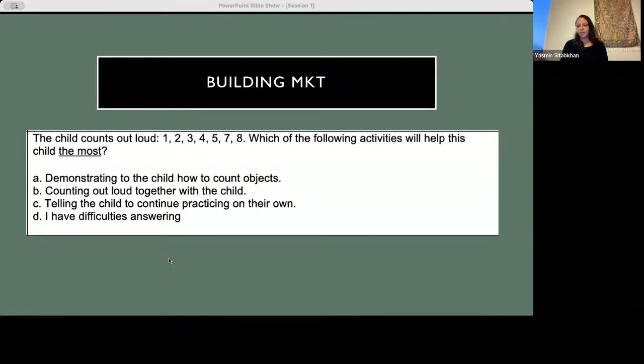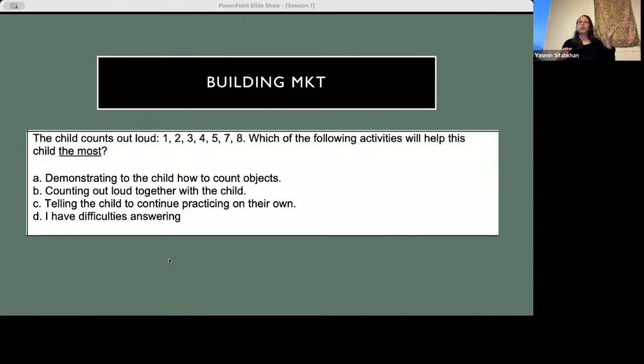Here's the problem that they have, right? That's what mathematical knowledge for teaching is. That's what this MKT is: being able to understand what types of errors children are making and how to help them, how to remedy the problem.